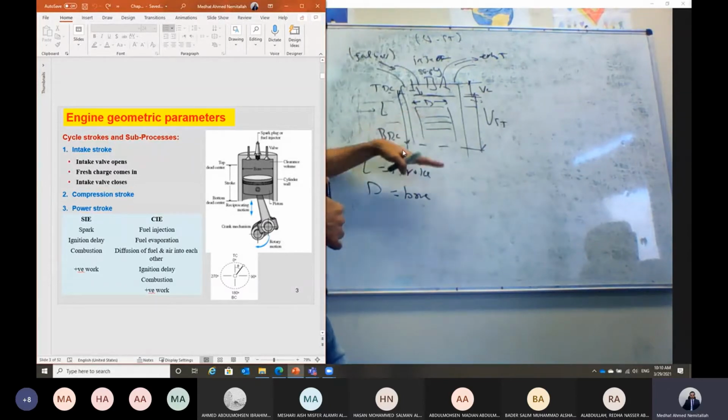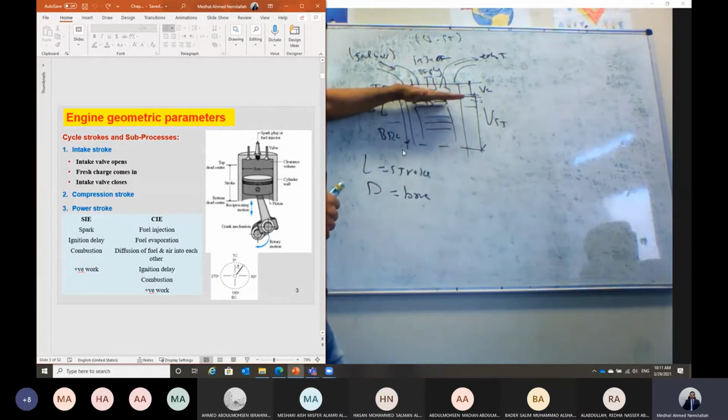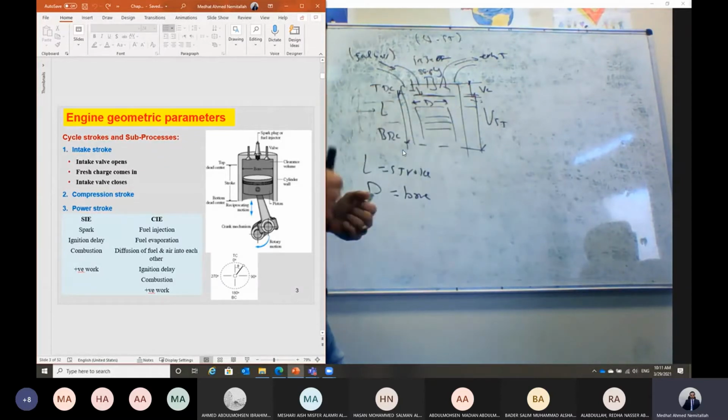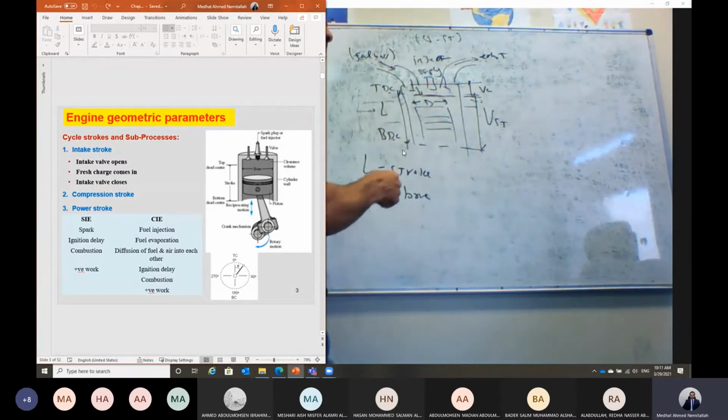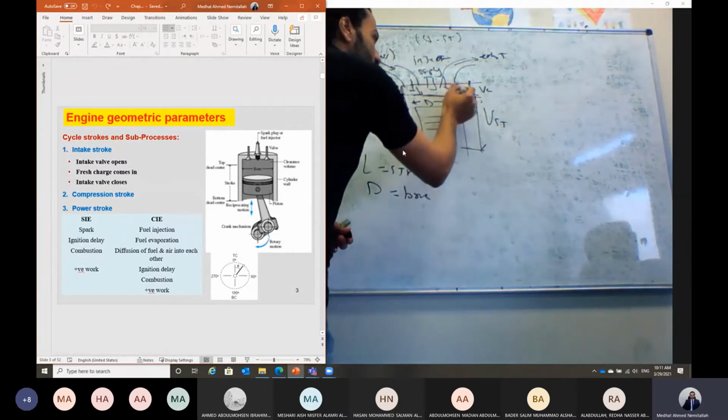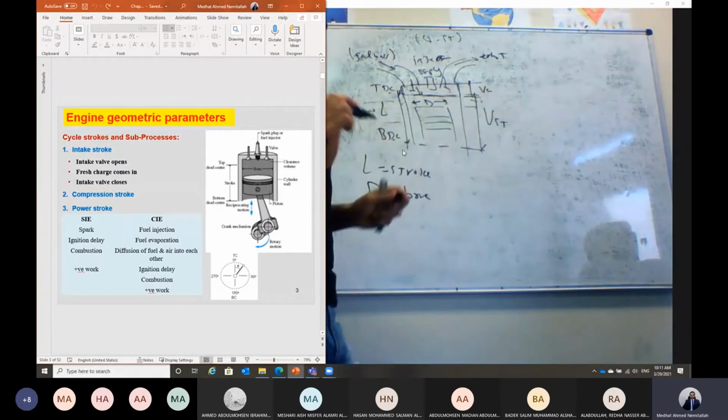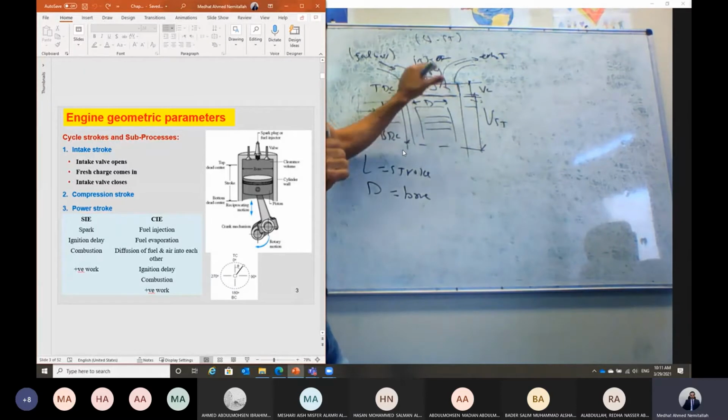Because usually at the end of the compression stroke, the intense combustion takes place when the piston is at the top dead center. That's why we call this volume the clearance volume, which is the volume defining the size of the combustion chamber, or the volume at which the combustion takes place.